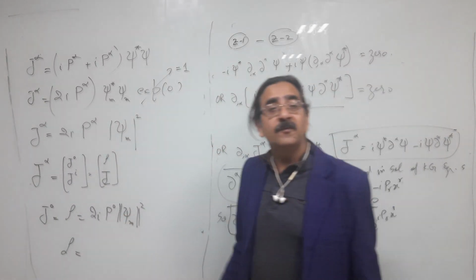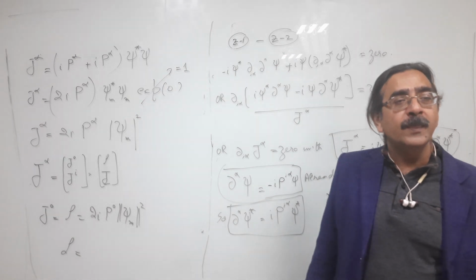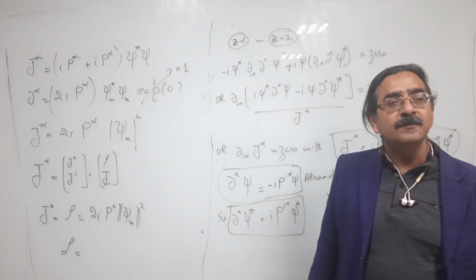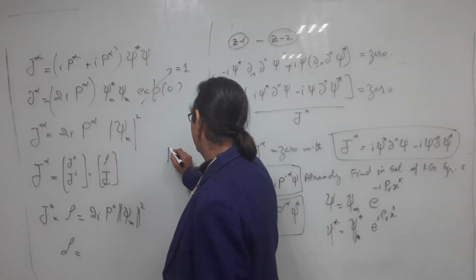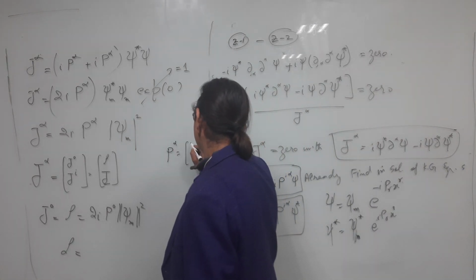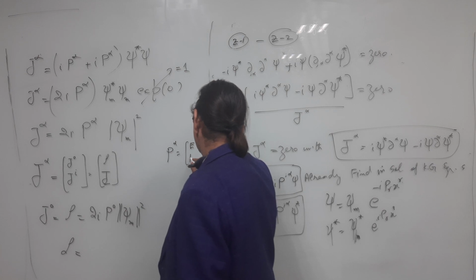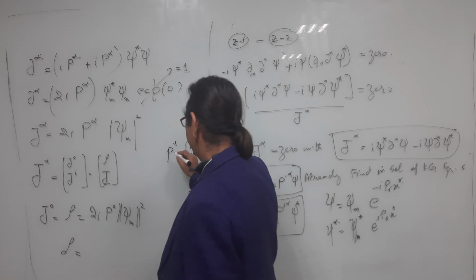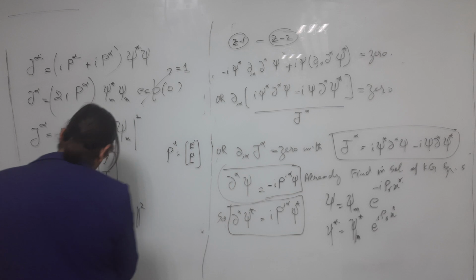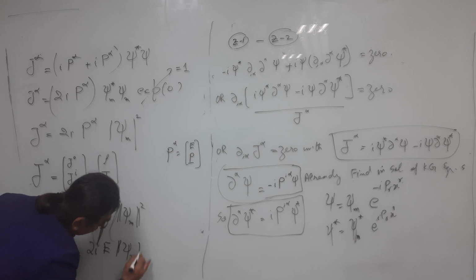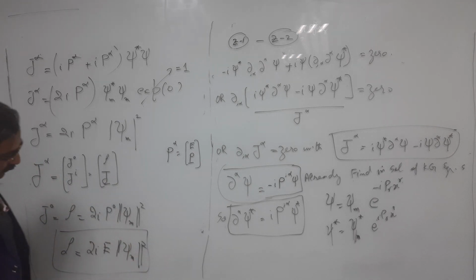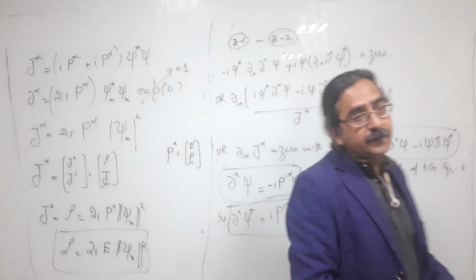What is P naught? P alpha is... so P naught is... okay.